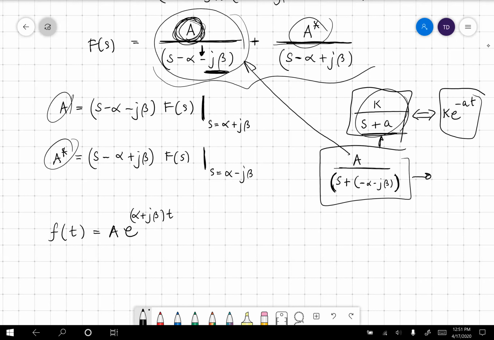Omega over (s plus a) squared plus omega squared transforms into e to the minus at sine of omega t. This is neither one of them. It's a combination of the two.